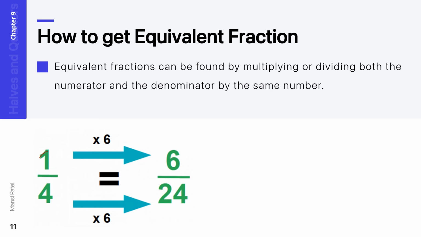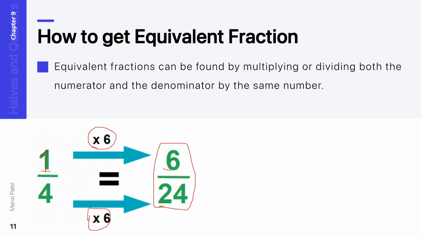You have to find the equivalent fraction of 1 upon 4. Equivalent fraction means equal fraction. So you multiply this 1 by 6 as well as multiply 4 by 6. So 1 sixes are 6 and 4 sixes are 24. So this 6 upon 24 is the equivalent fraction of 1 upon 4.